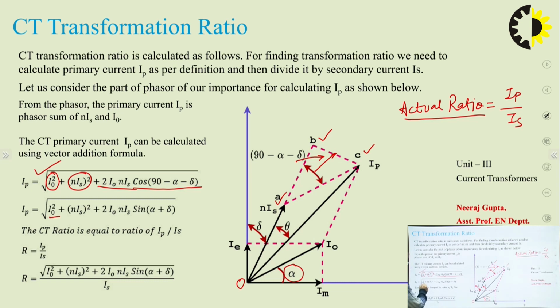So it is I naught square plus NIS square plus 2 I naught NIS sin alpha plus delta. The transformation ratio is equal to IP by IS, as I told you, that is the actual ratio. Represented by R, R will be the square root of I naught square plus NIS square plus 2 I naught NIS sin alpha plus delta, divided by IS. So this will be the expression for the actual ratio.